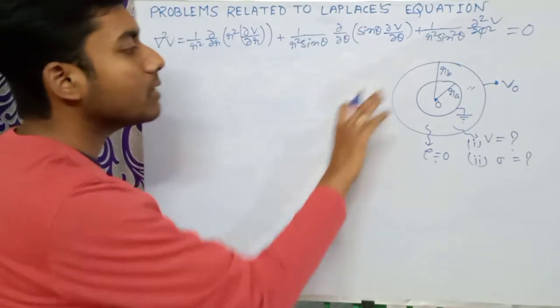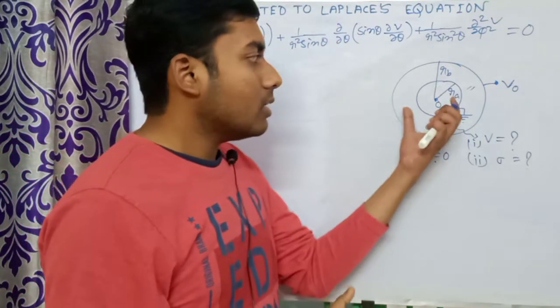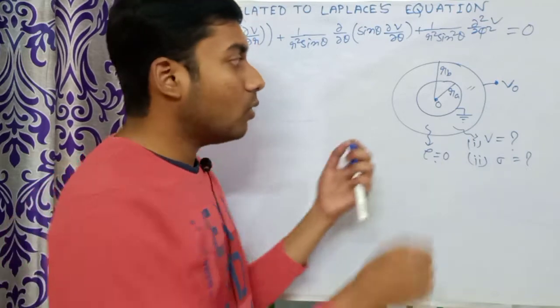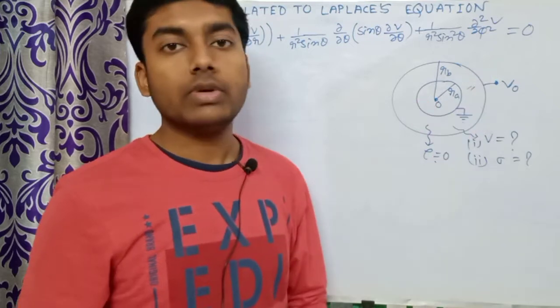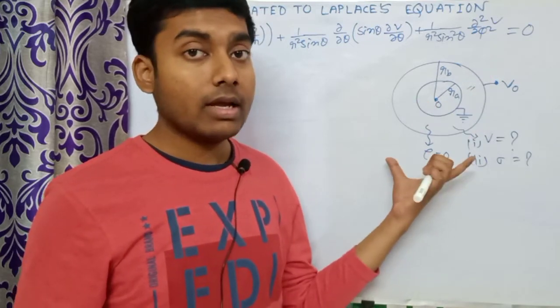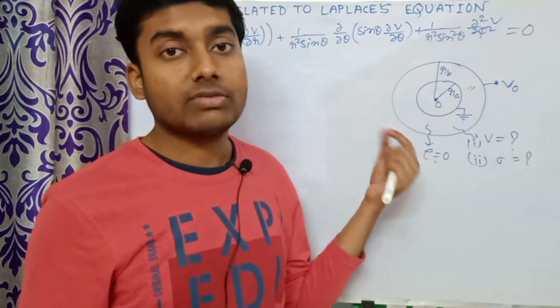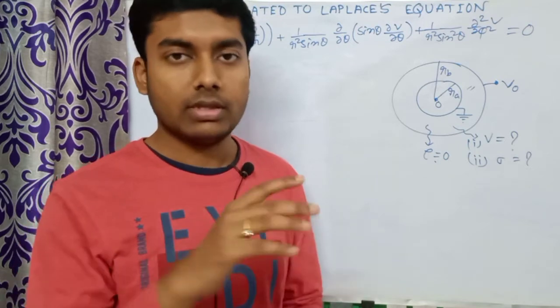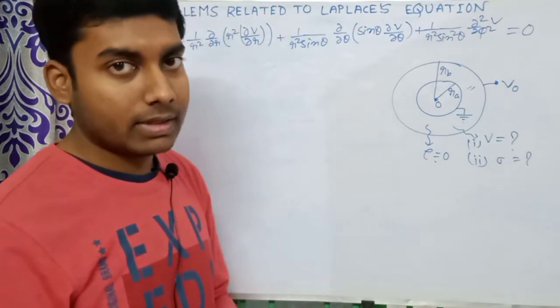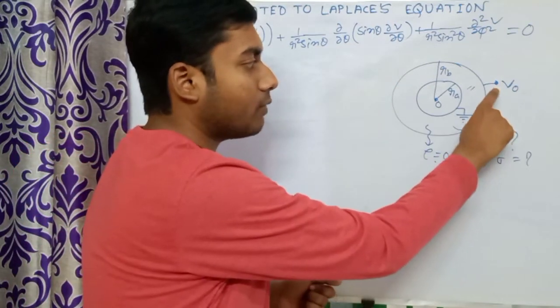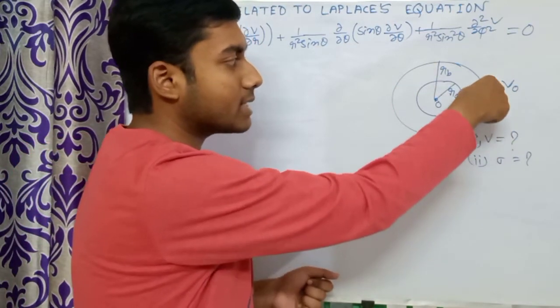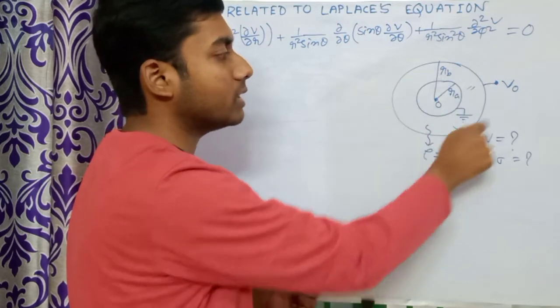Now you can understand that here the potential is varying only with radius. This is a case where the potential varies radially only, not with the angles theta and phi. You can see that for the outer shell, V is the same all over this sphere.